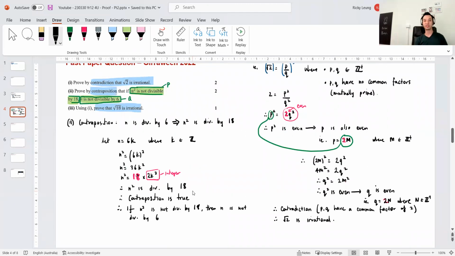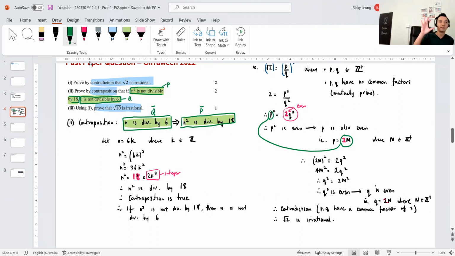So that question there, once again, very simple. The hardest thing is basically stating the contraposition. So that guy there is like Q prime, and that is P prime, and that's how we do it.